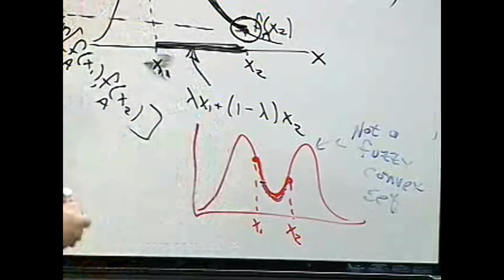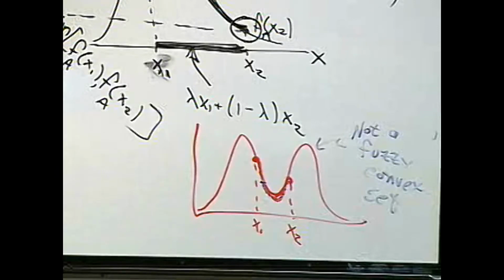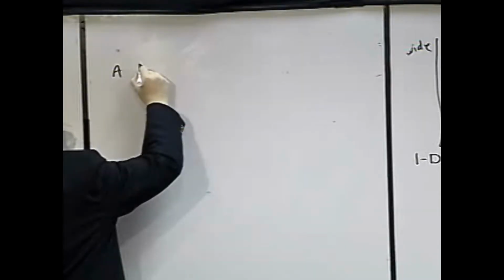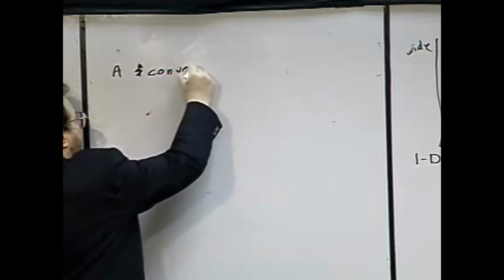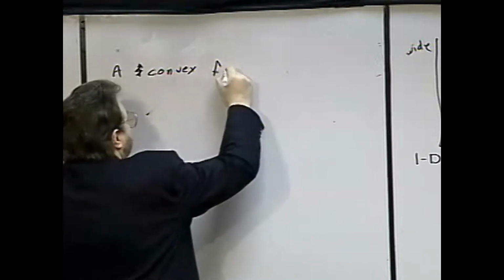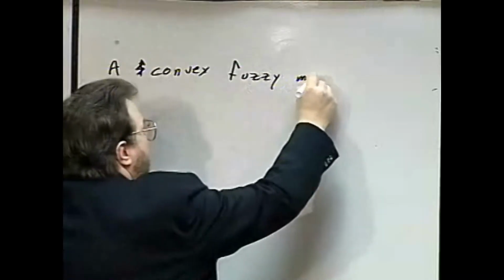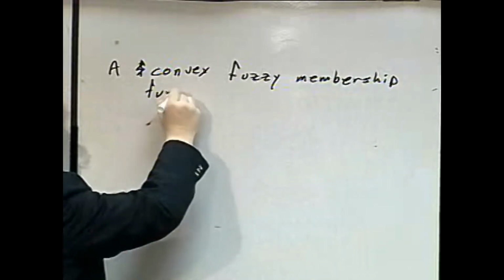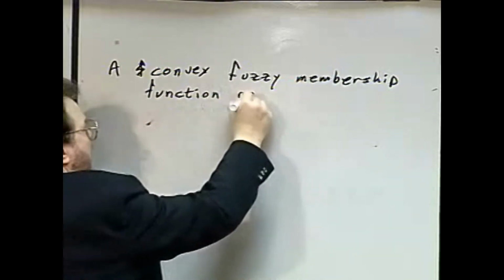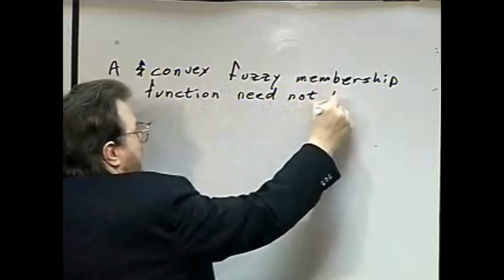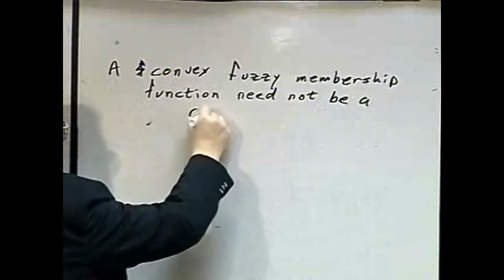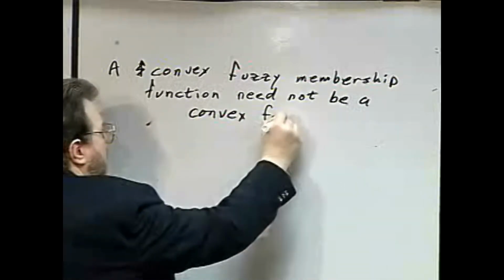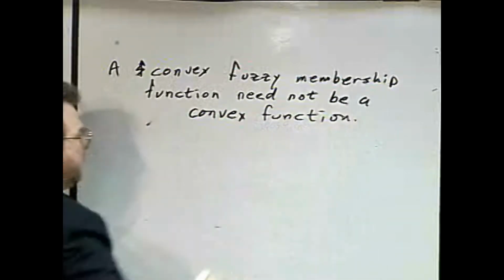Now, you know the definition of a convex function? Let's see, how do I want to put this? A convex fuzzy membership function need not be a convex function. We need to distinguish between these two.